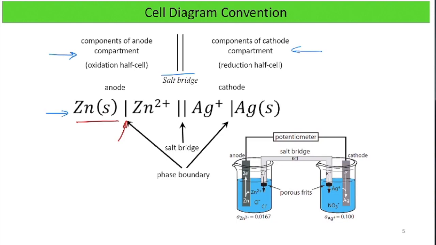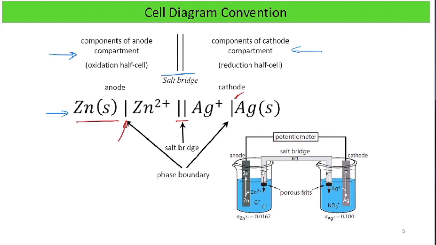So obviously we have a solid going to aqueous phase, so there's the phase change. And then the zinc 2 plus in the solution is in contact with the salt bridge. The salt bridge is then in contact with silver plus on the cathode side, and the silver plus is in contact with silver solid. And again, we have a phase change, which is represented by that vertical line.